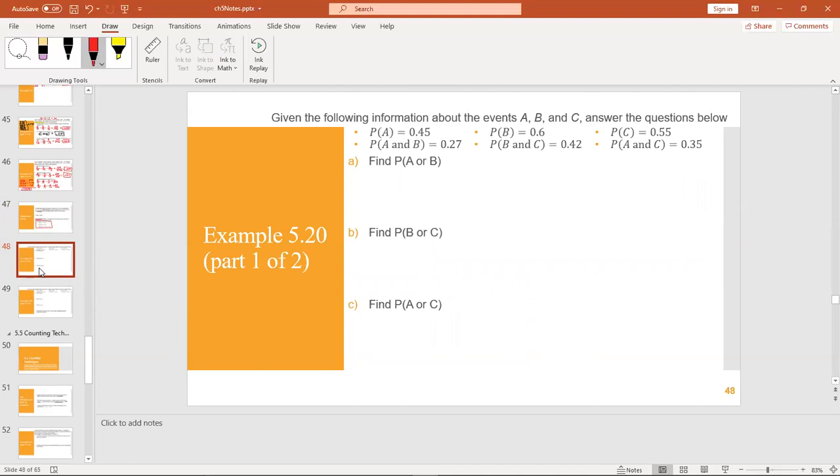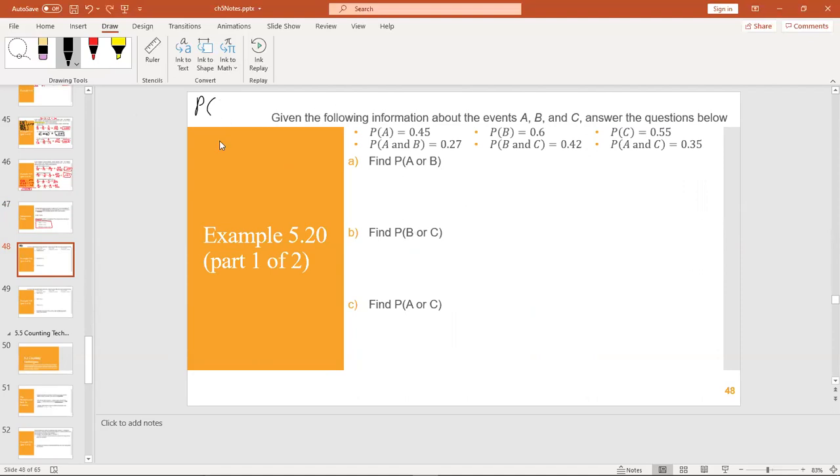All right, so we've seen this kind of thing before. We've got to find A or B, B or C, A or C. So again, just to recap, definitely want to know this formula for the test.